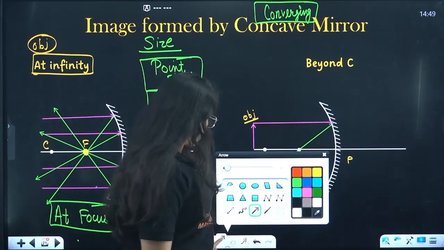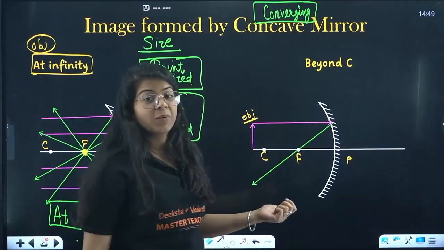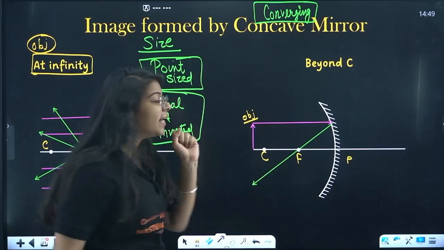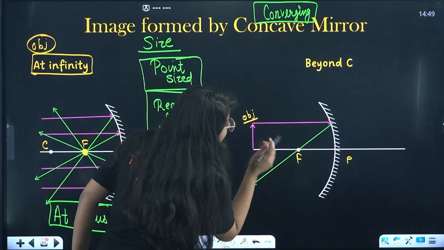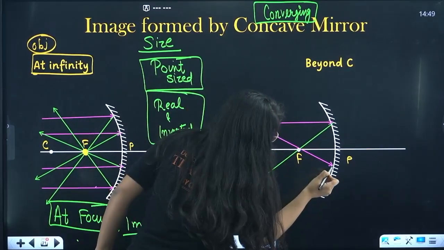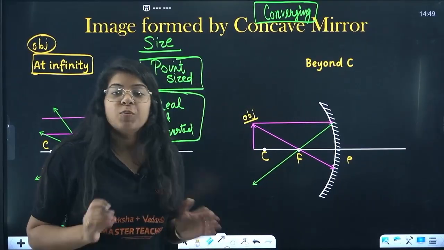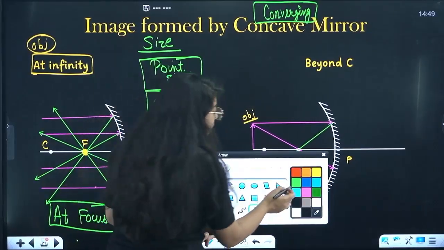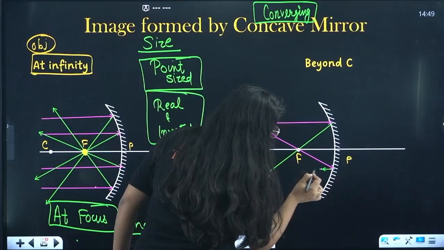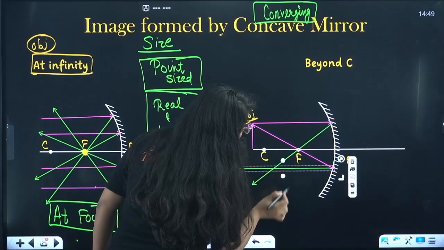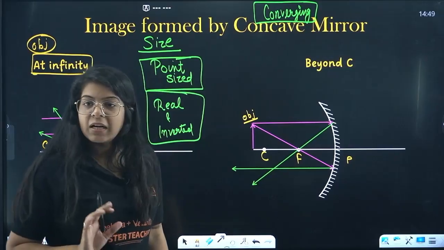Here where the image is formed, we need one more ray. We studied one more rule, right? When a ray passes from focus, it becomes parallel to the principal axis after reflection. Understood?